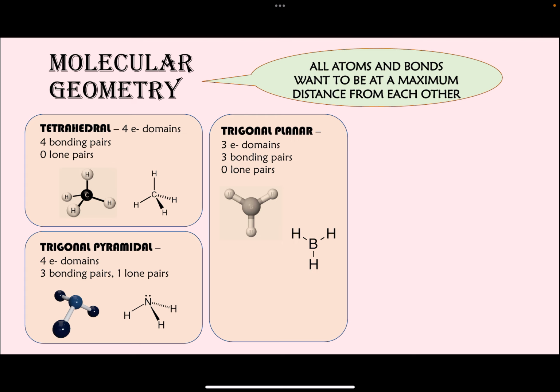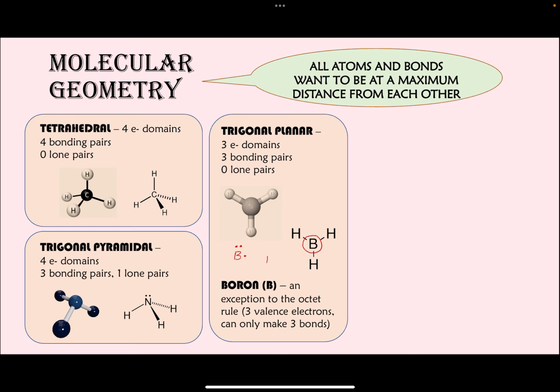Now, a question that you might be asking yourself is that this central atom right here does not have a complete octet. Boron, if it has three bonds only and no lone pairs, only has 6 valence electrons. And that is because boron is an exception to the octet. The reason for that is if you look at boron in your periodic table, boron only has 3 valence electrons.